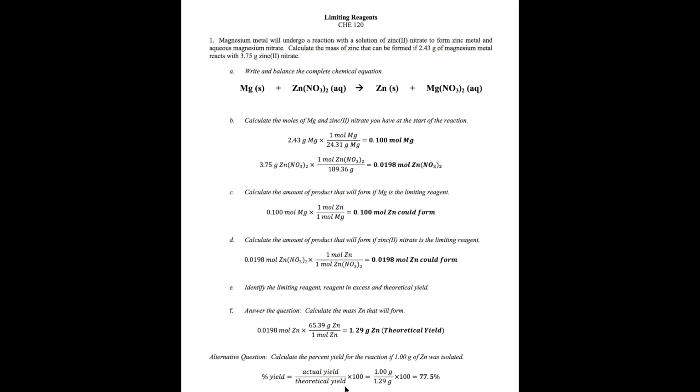When I look at my calculation for my percent yield, I need my actual yield divided by my theoretical yield times 100. So that's going to be the 1 gram that was given to me in this alternative question divided by my 1.29 grams that I calculated up here as my theoretical yield, times 100, which gives me an overall percent yield for the problem of 77.5%.